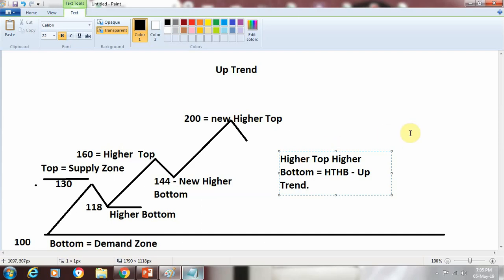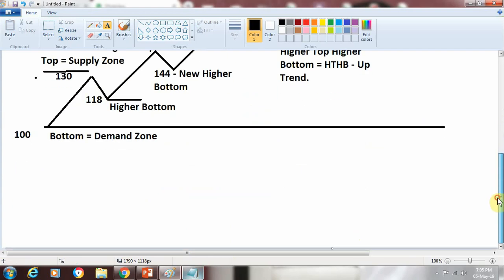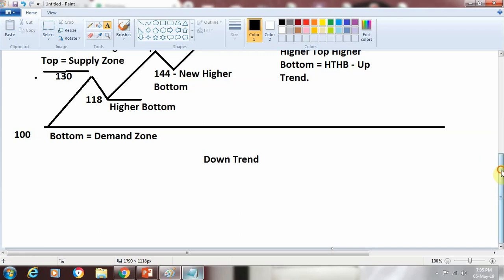Now let's understand what the downtrend can be. For that, let me go down. If I have to put here downtrend, in this case what is going to happen? Any ideas that you can think of?